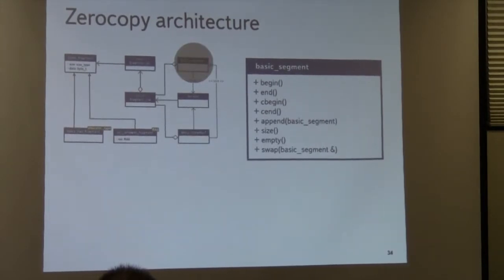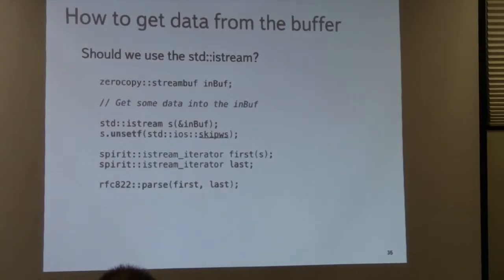And now we need to get data from the buffer. Should we use STD istream for it? No. Why? Because it's not efficient. There's a streambuf and istream, if I remember correctly. So you're going to do copy without knowing.